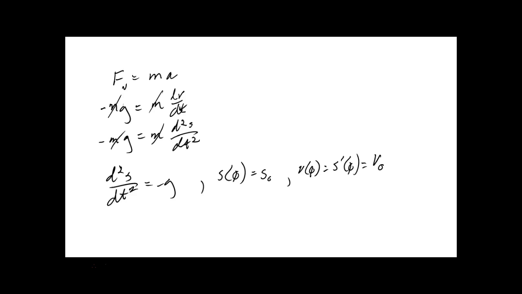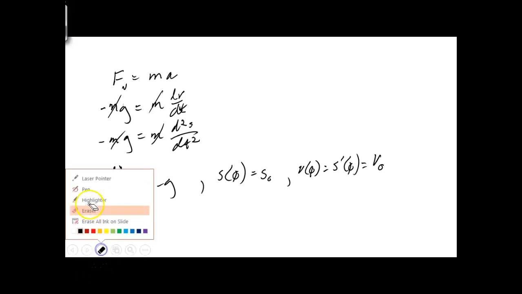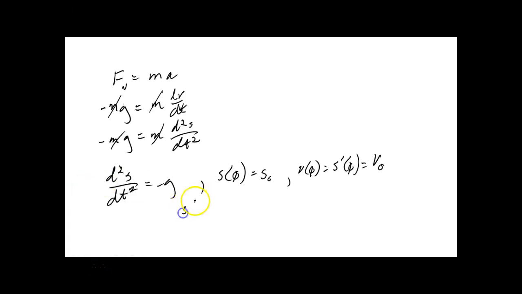Now, they haven't shown us how to do this yet, but you know it from physics, hopefully, that your s of t, displacement at any time t, however you release the rock, threw it or dropped it or whatever, is equal to negative 1/2 gt squared.